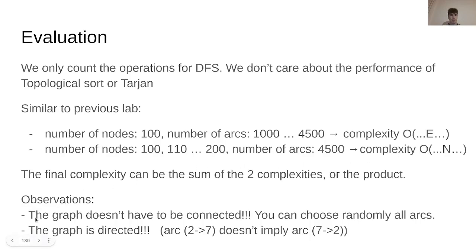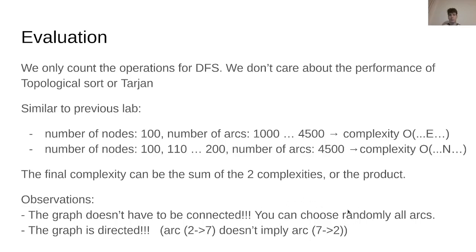Alright, and here in this lab, the graph doesn't have to be connected, because for each not visited node, we do a new depth first search. So it's not like the previous lab where we had to connect 0 with 1, 1 with 2, 2 with 3, and so on.